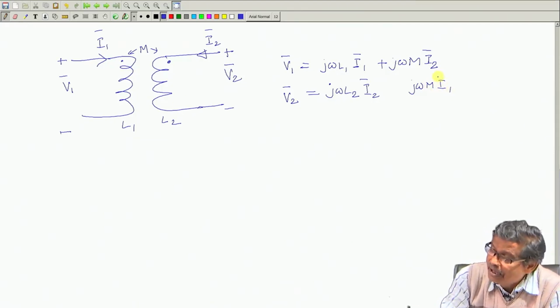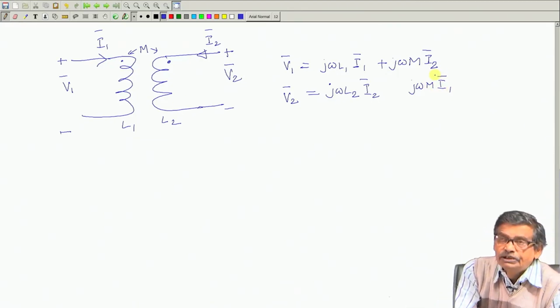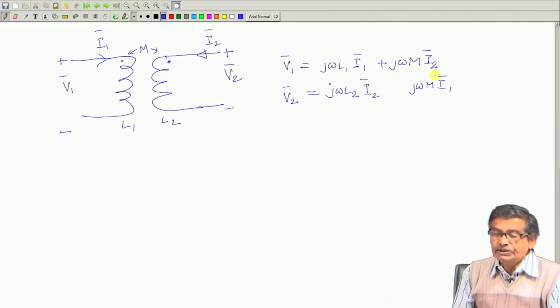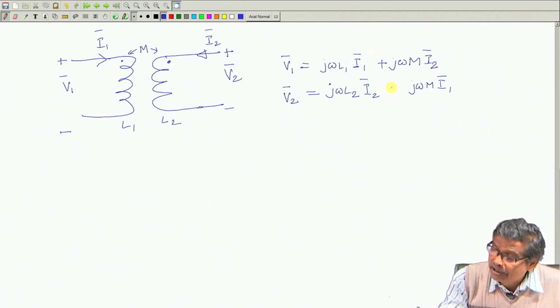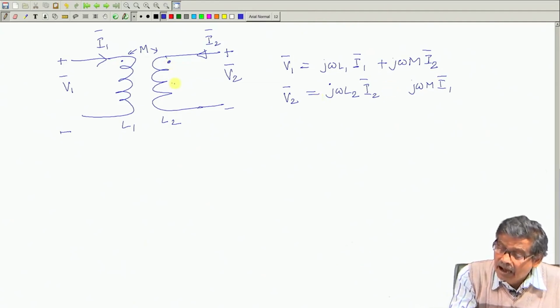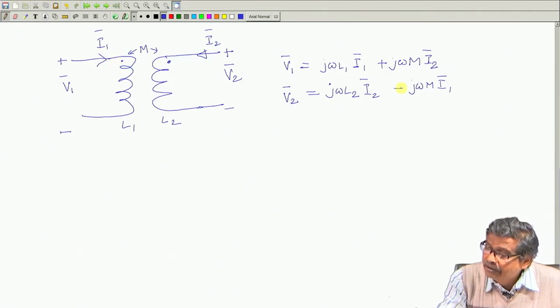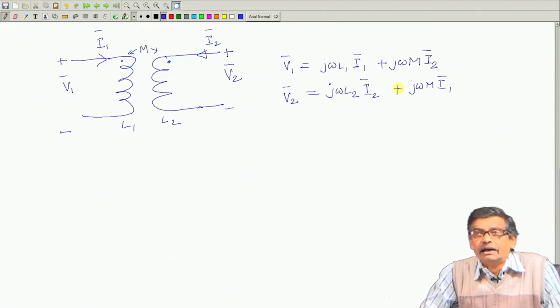I1 bar will have a say in the induced voltage in the second coil, because these two have a mutual coupling. Where should it be, plus or minus? Yes, the upper one, through the dot I1 is entering, so it will be plus only. This is the thing I wanted to tell.